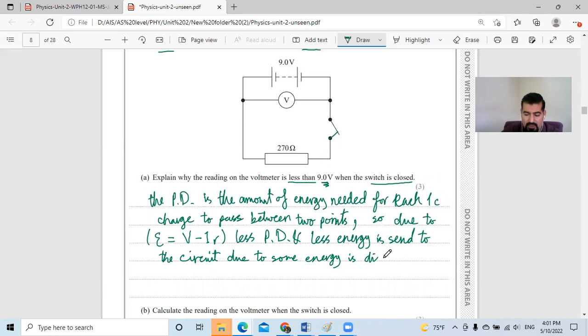Through the battery, or inside the battery. Dissipated through the battery.